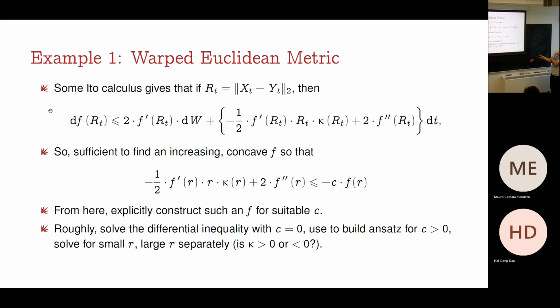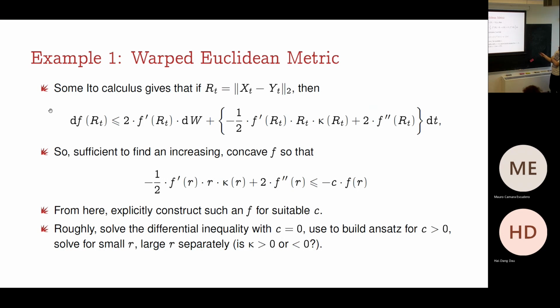This is an inequality. So the rate at which this modified distance is changing is a martingale term, which means we can ignore it, since that's mean 0 on average, minus this plus this. And we'll see, since f prime is positive, because we're dealing with an increasing function, when kappa is positive, this is drifting us back down towards 0, which is good.